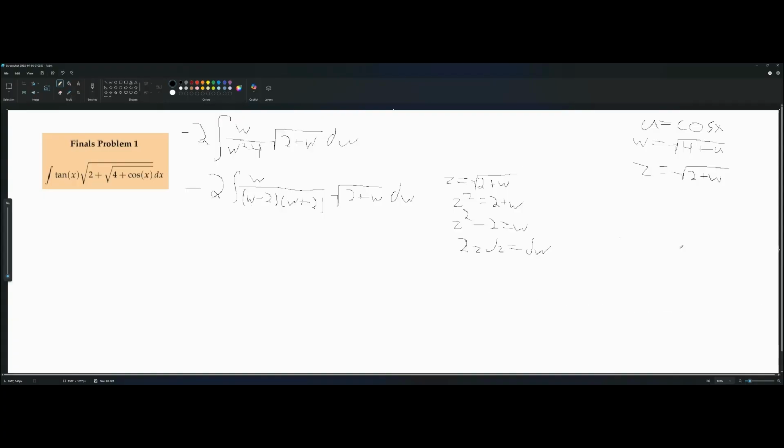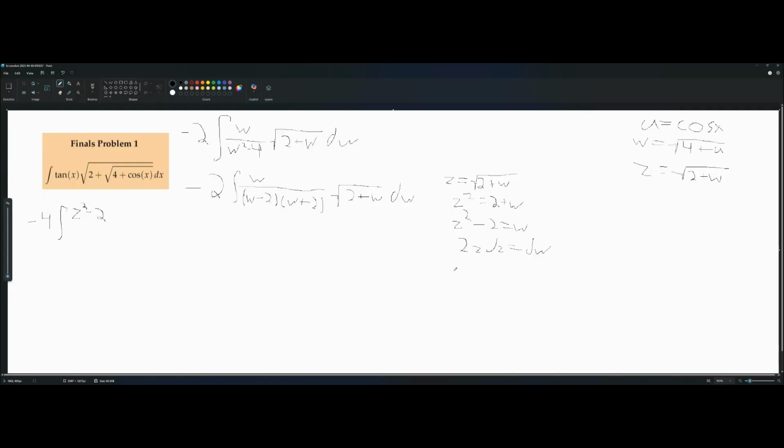Oops. So now, essentially, we want to rewrite our integral. Okay, so this is just negative 4 times the integral of w, which you know is z squared minus 2. And now, what about these? Well, essentially, what we can do is manipulate this right here to look like this.